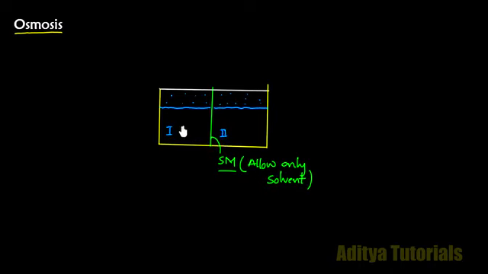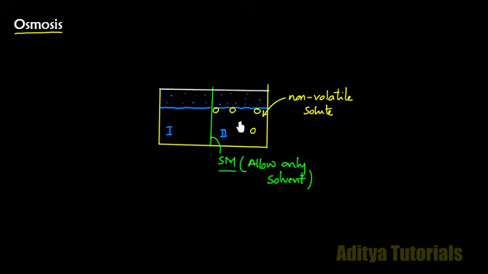Now what I will do, I will take a solute in compartment number 2. In this I am going to add a solute, particularly a non-volatile solute. Now what happened? The surface of the liquid is occupied by some of the non-volatile solute.